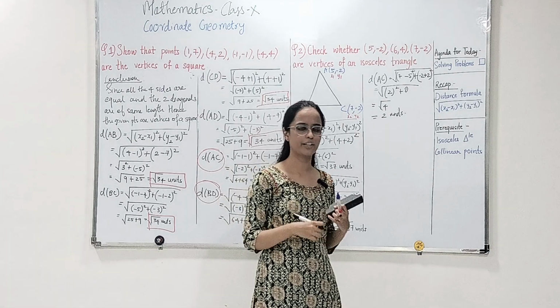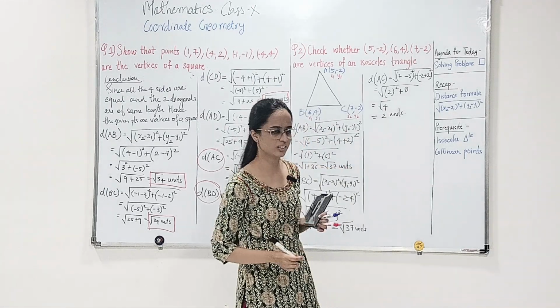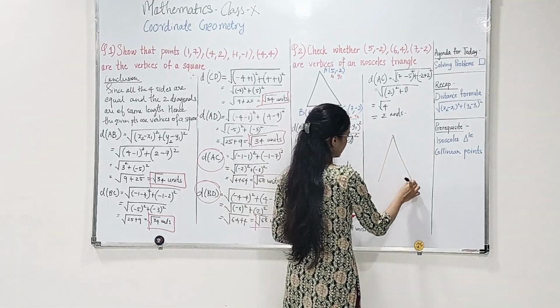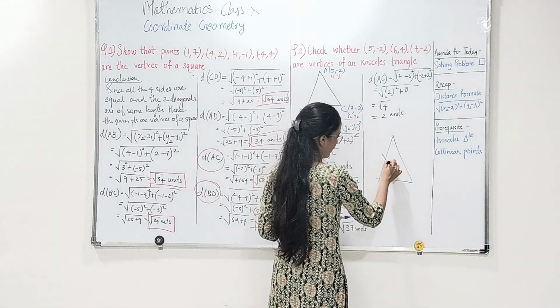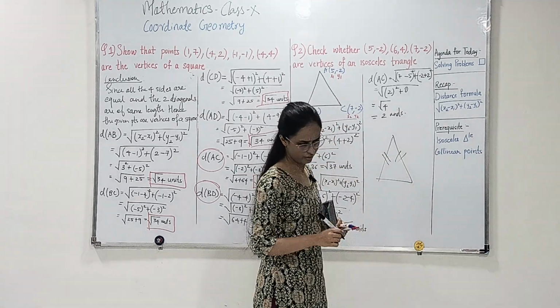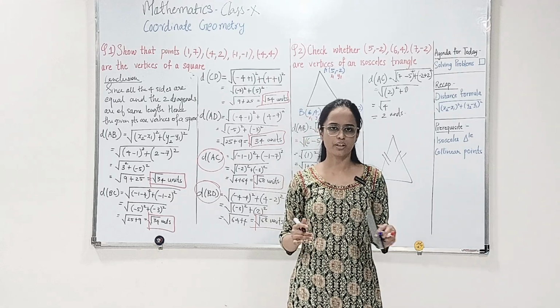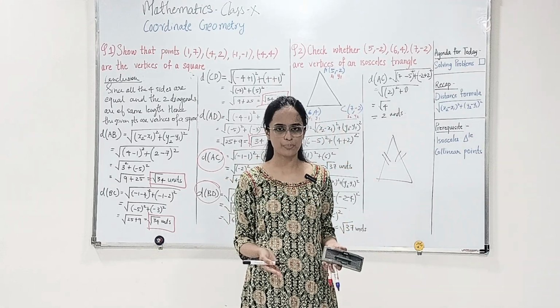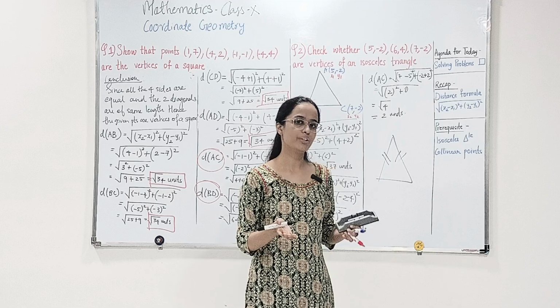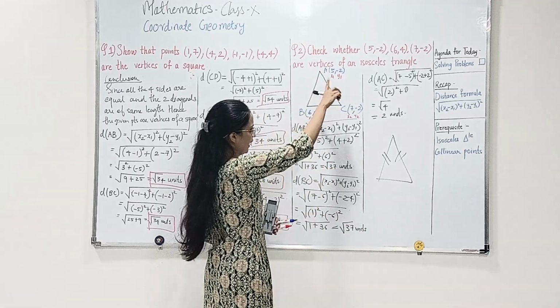Now students, when I told you the definition for an isosceles triangle, I told you that an isosceles triangle looks something like this, wherein these two sides are equal to each other, and this is so correct also. Now here we don't know how exactly the points are placed. You got it? We have just assumed that the arrangement may be like this.